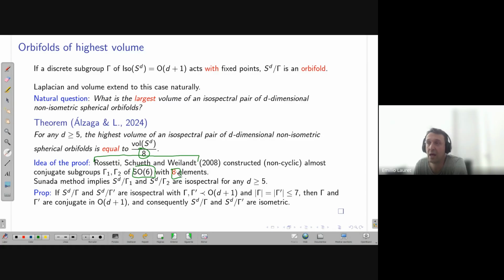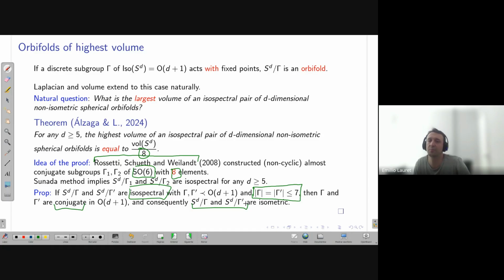At the same time, we prove with Alfredo that if you have at least 7 elements, it doesn't matter whether gamma is cyclic or not, acting by isometries on the d-dimensional sphere, and you have two of them with at least 7 elements such that the quotients are isospectral, then the groups are conjugate, and this means that the orbifolds are already isometric.